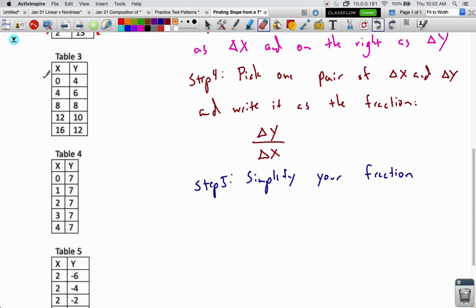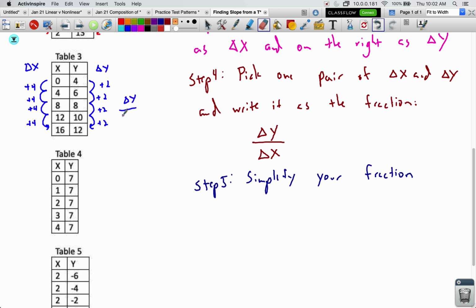So arrows bumping down. This side's going plus 4, plus 4, plus 4, plus 4. This side's going plus 2, plus 2, plus 2, plus 2. This is our delta x, this is our delta y.